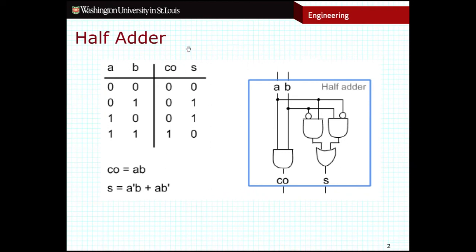So a half adder works great for adding two bits together and producing the result. However, we want to add together larger binary values. We want to add binary values with 8 bits or 16 bits or 32 bits or even 64 bits. So we want to add a lot more bits to one another, which means that I need to have a way of incorporating a bit that's being carried in.